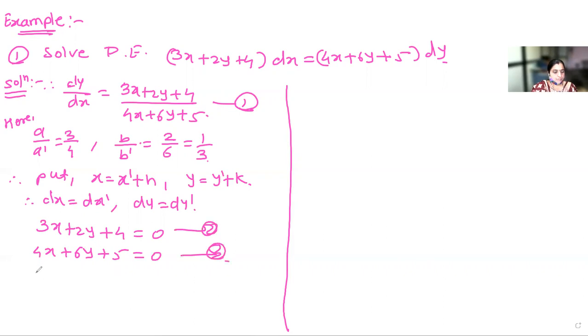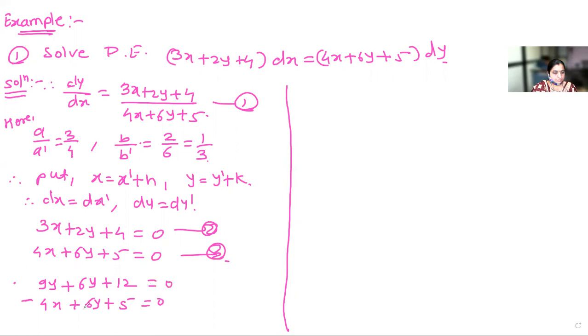Okay, solve these equations. If we multiply the first equation by 3, then the y terms get cancelled. So therefore here the equation becomes 9x plus 6y plus 12 minus 4x plus 6y plus 5 is equal to 0.